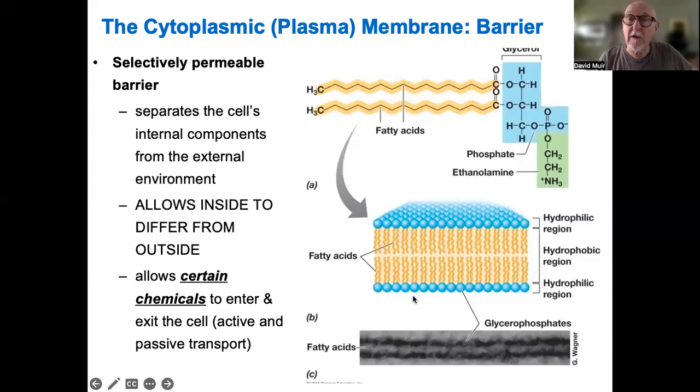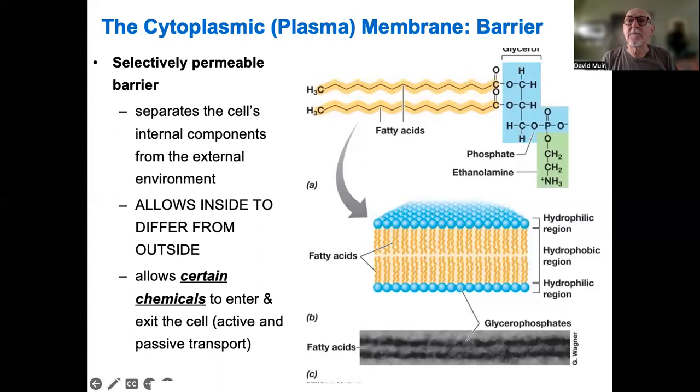So, for example, oxygen can permeate quite easily. Carbon dioxide created in the cell can pass out quite easily. But many other things, including water, which can pass across a little bit, but not very much, are selectively excluded from movement across.